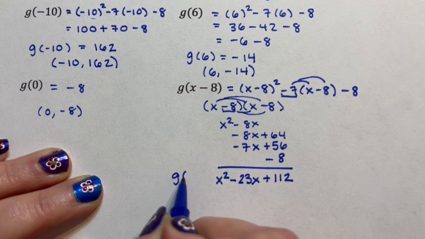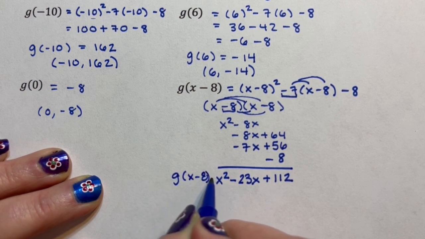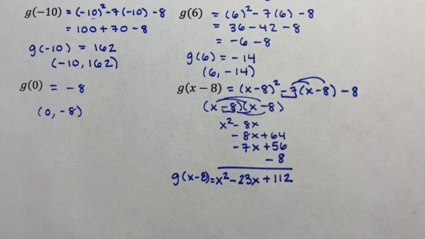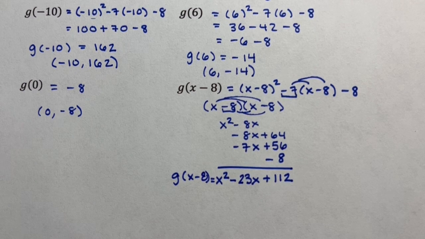So g of x minus 8 is x squared minus 23x plus 112. Perfect, done.